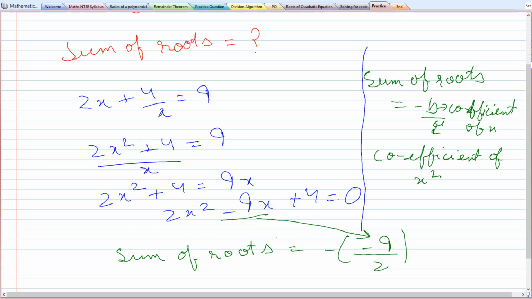Minus 9 is the coefficient of x and 2 is the coefficient of x square. We get 9 by 2 as our answer. Is this clear? समझ आया सबको?